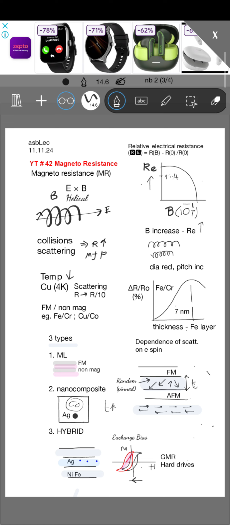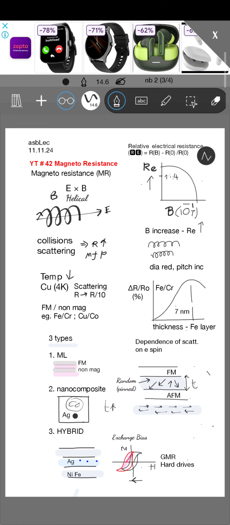Okay. Now, since it's about resistance, how do we quantify how much resistance has developed due to the magnetic field? For that, we need to find the relative electrical resistance.